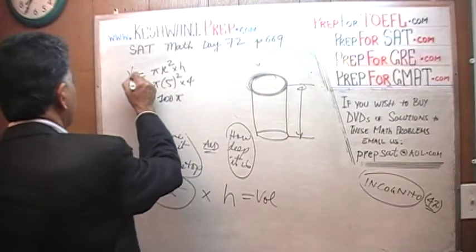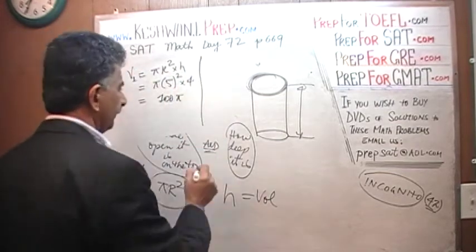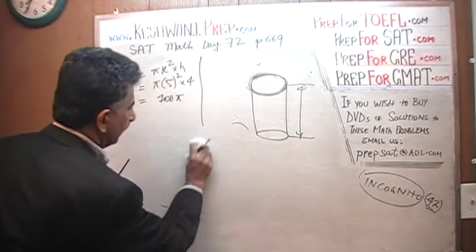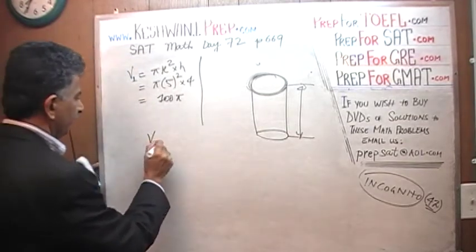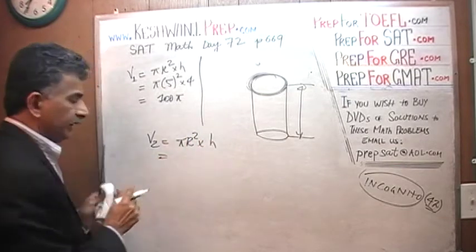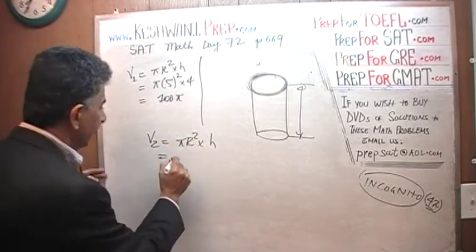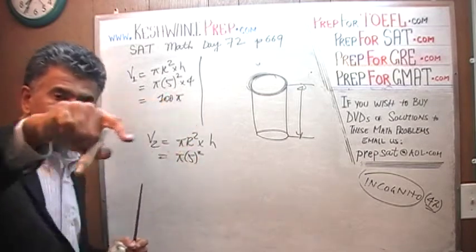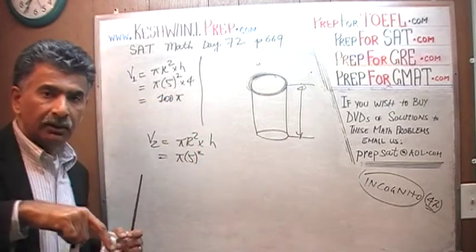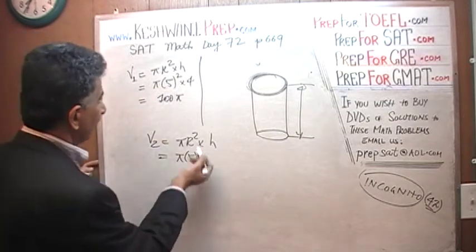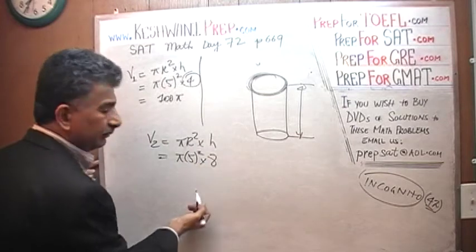Because you see, let's call this one V1 for the old one. And the other one is going to be, let's call it V2, pi r squared times h. They're not changing the radius. The radius is still the same. It's the same radius 5 squared, which means it's the same wide open. It is as wide open on the top as the first one, except instead of 4, we have an 8.